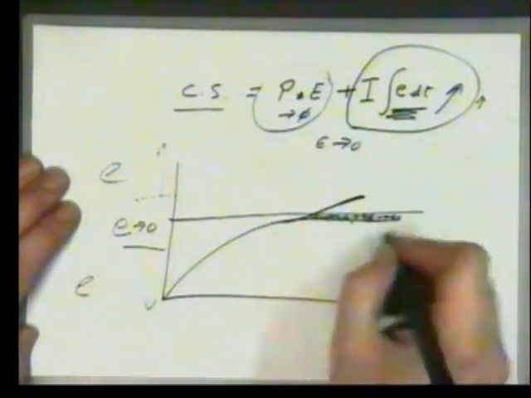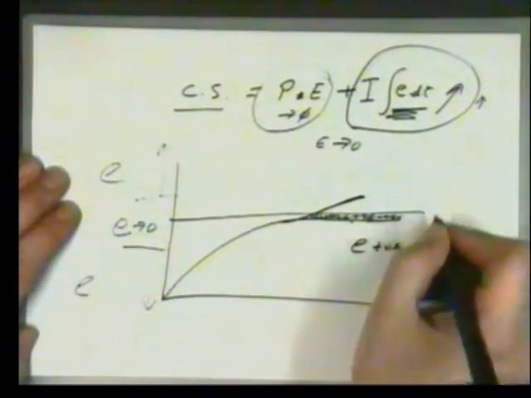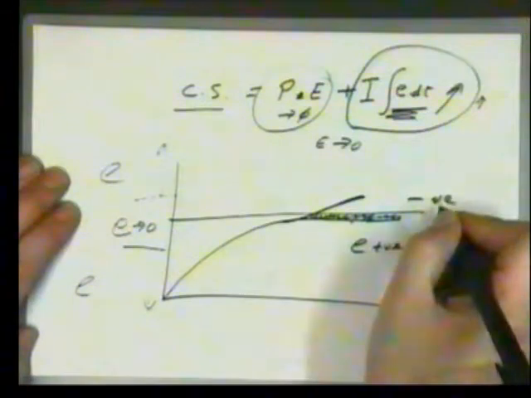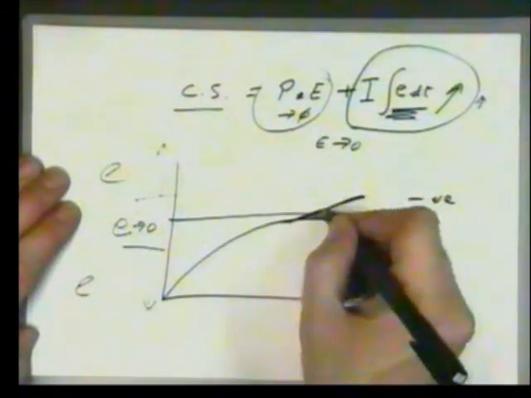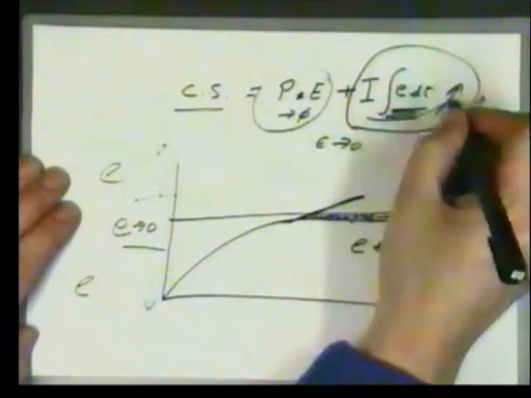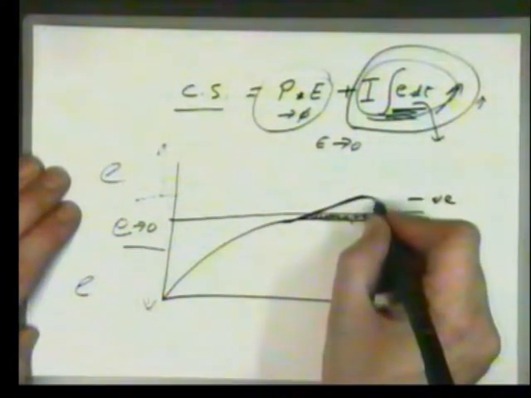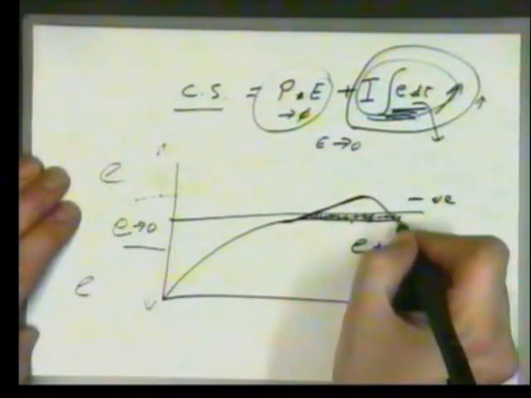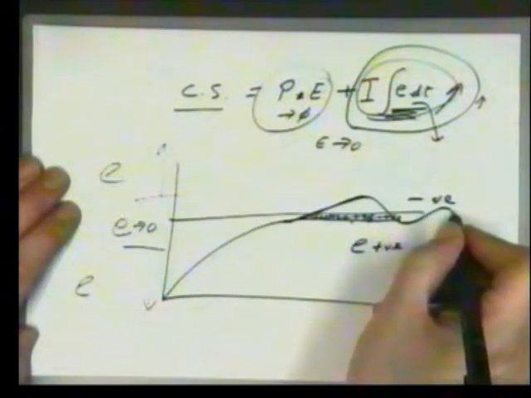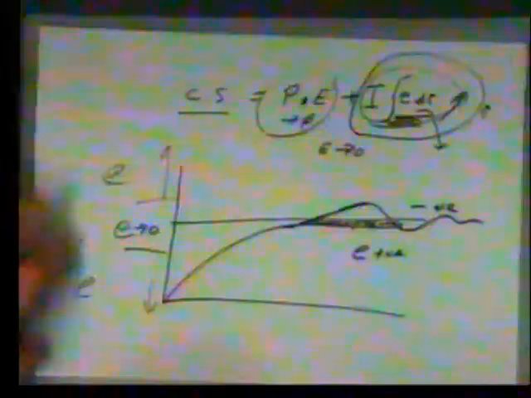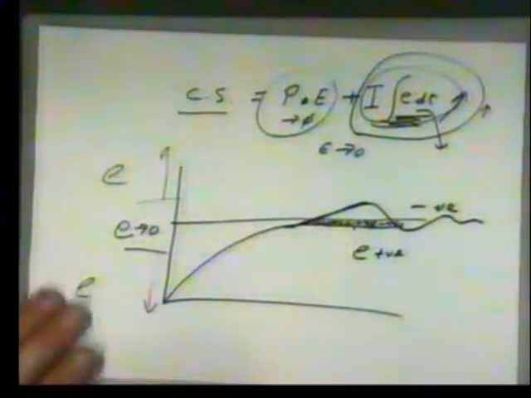Now what's happened here is that the error has gone from positive to negative. So now, because we've gone through the set point, the integrator term, which is integrating, starts declining, so it starts dropping off and it drops below. And we get a response characteristic that tends to oscillate nicely around the set point.